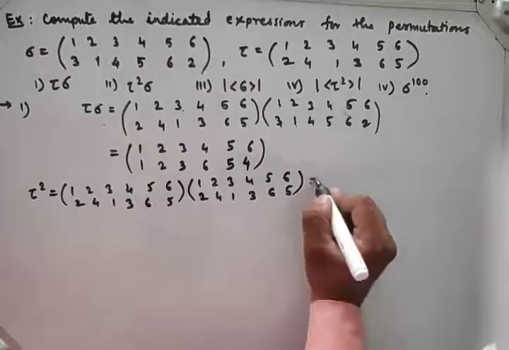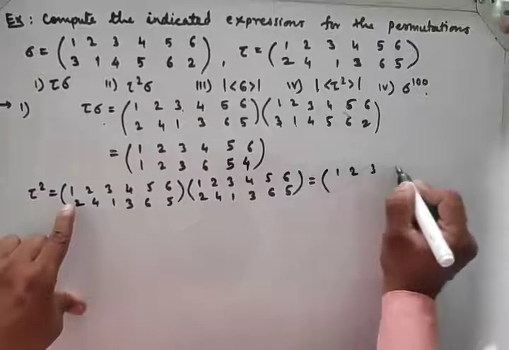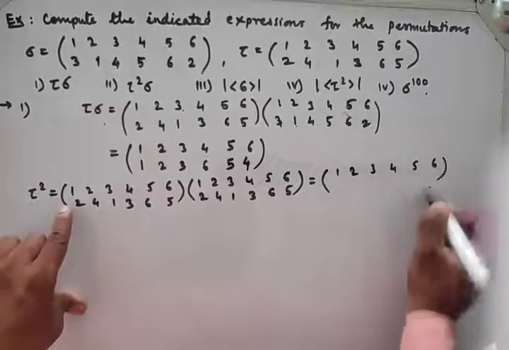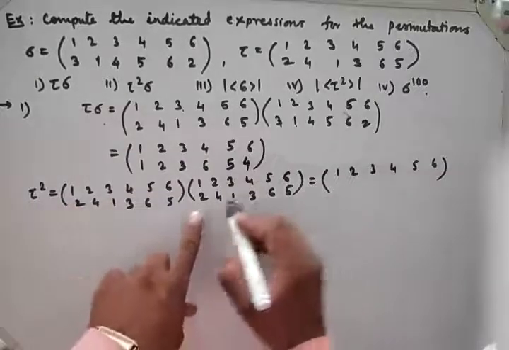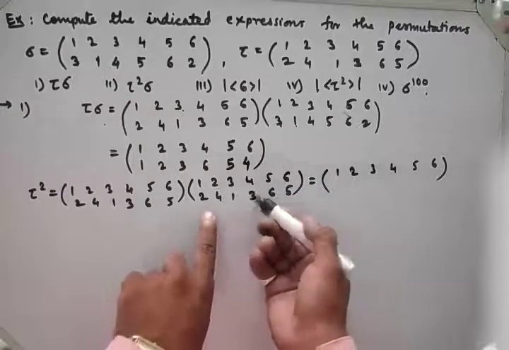For the product we write six symbols, 1 2 3 4 5 6, and the operation must be from right to left.